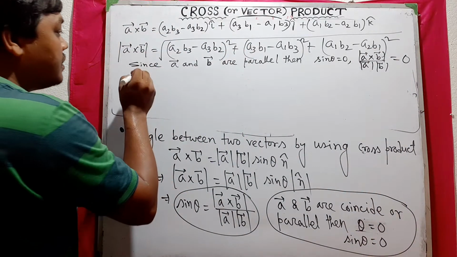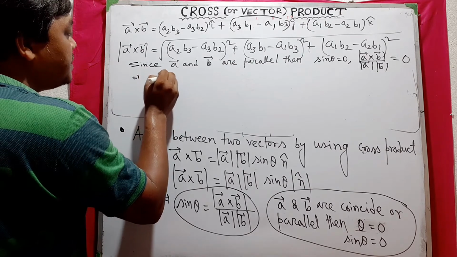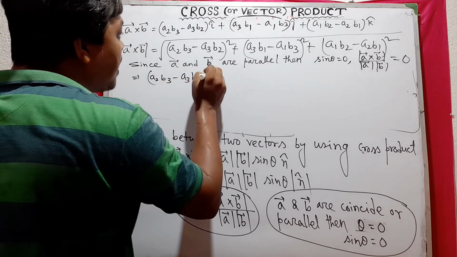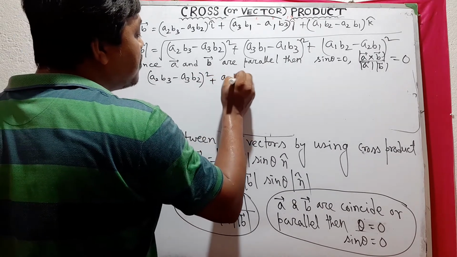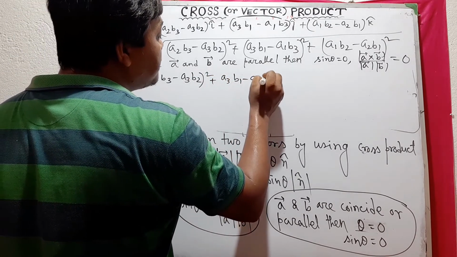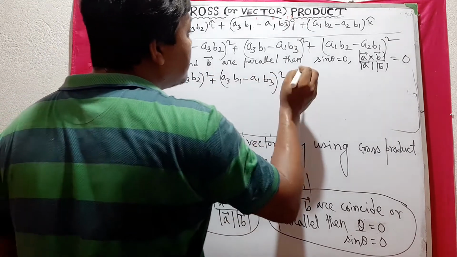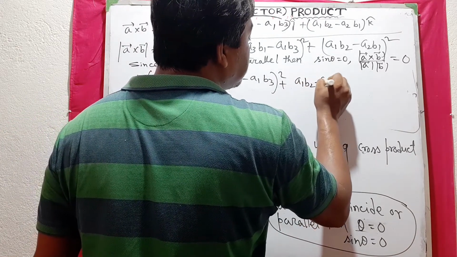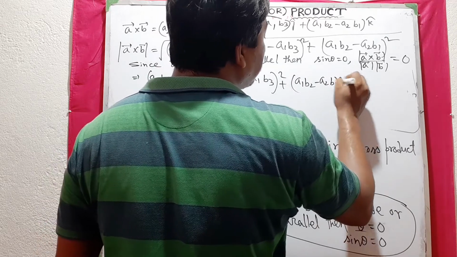So that equals (a2b3 minus a3b2) whole square plus (a3b1 minus a1b3) whole square plus (a1b2 minus a2b1) whole square equals 0.